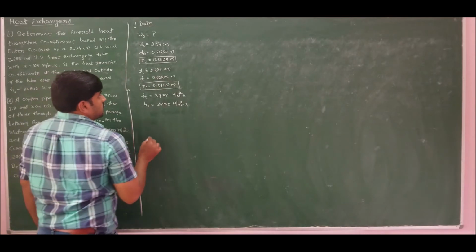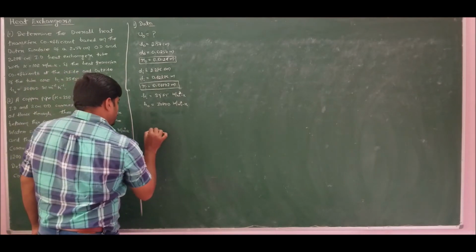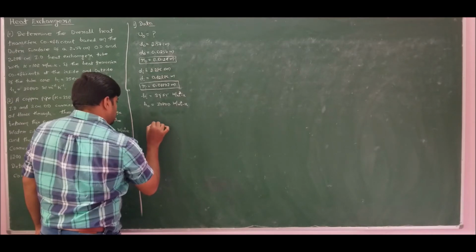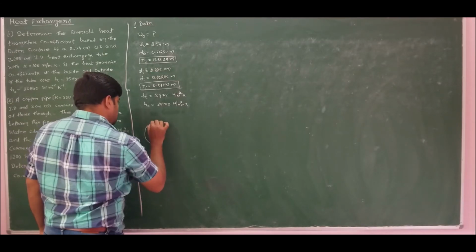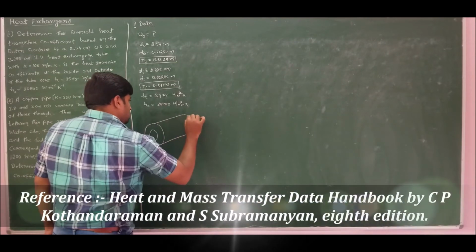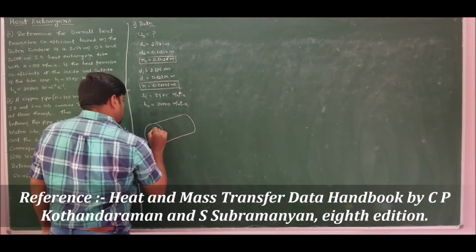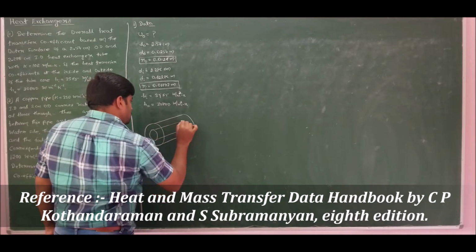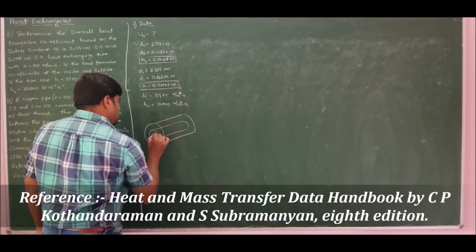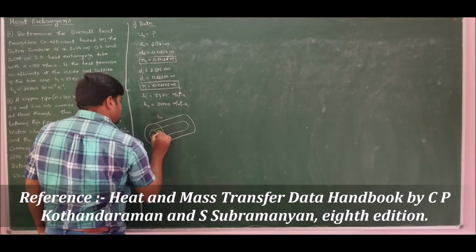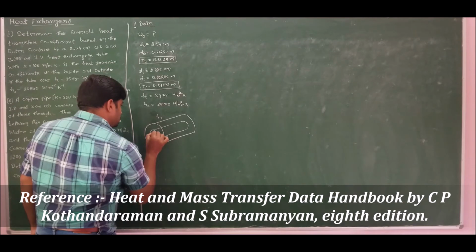So the problem is like this. We have a tube-in-tube heat exchanger like this. And he has given the inside heat transfer coefficient and also the outside heat transfer coefficient is specified for us.